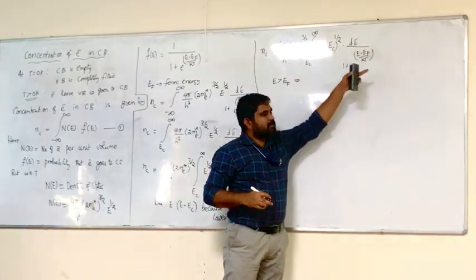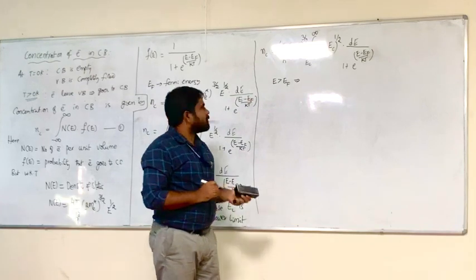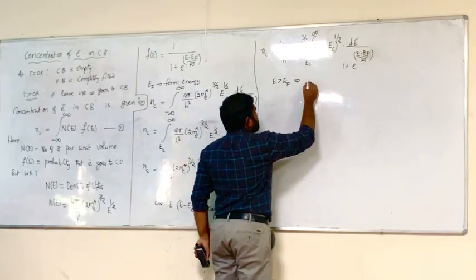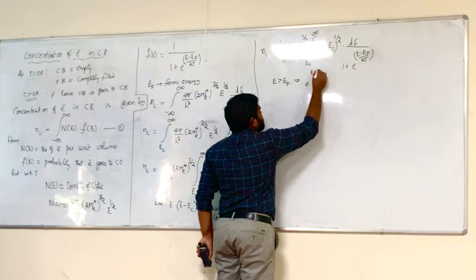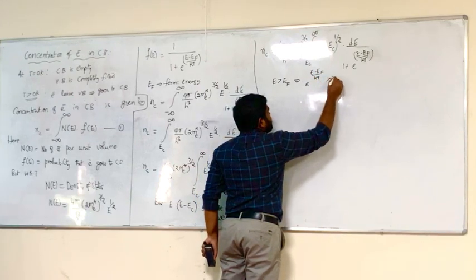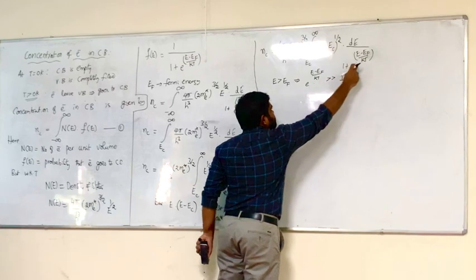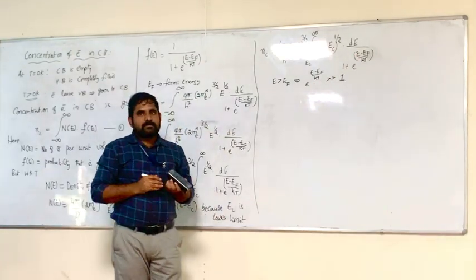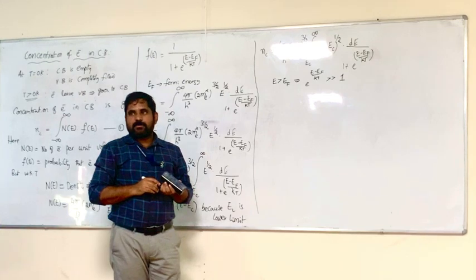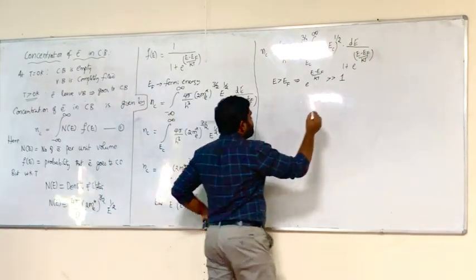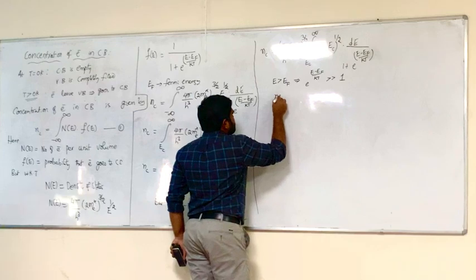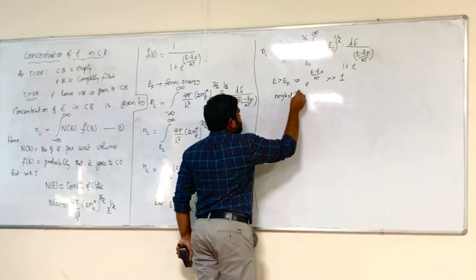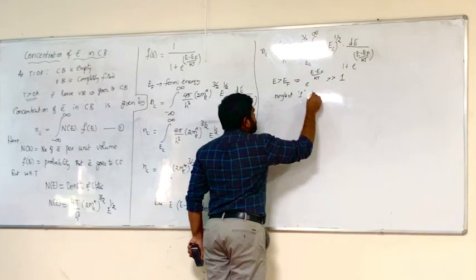So e to the power (E minus EF) by kT is bigger than 1. So we neglect 1 in the denominator. We are simplifying.